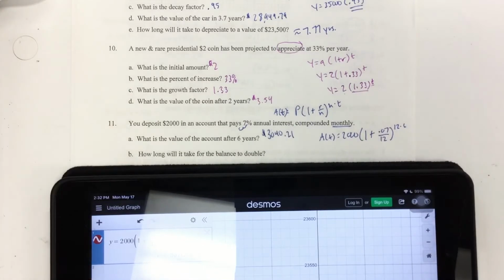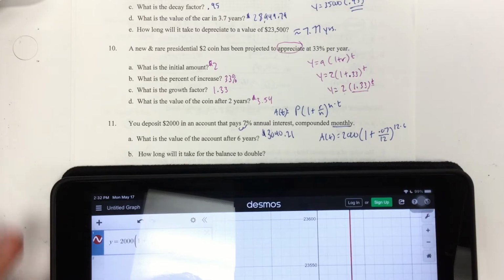All right, for part B, how long will it take for the balance to double? Okay, so if we started with 2,000 and we're trying to make that double, so let's put an x here, 12x.